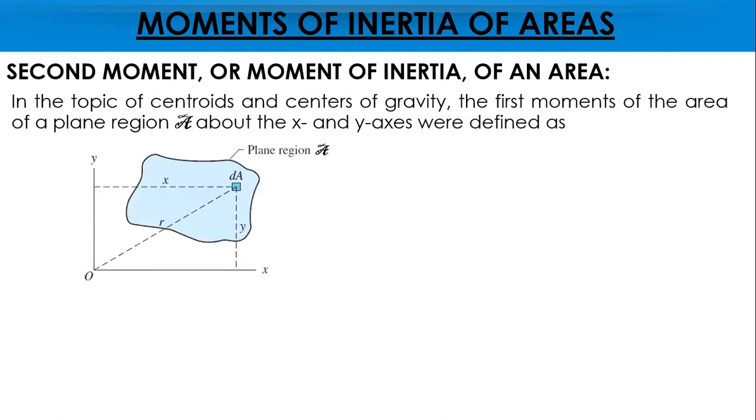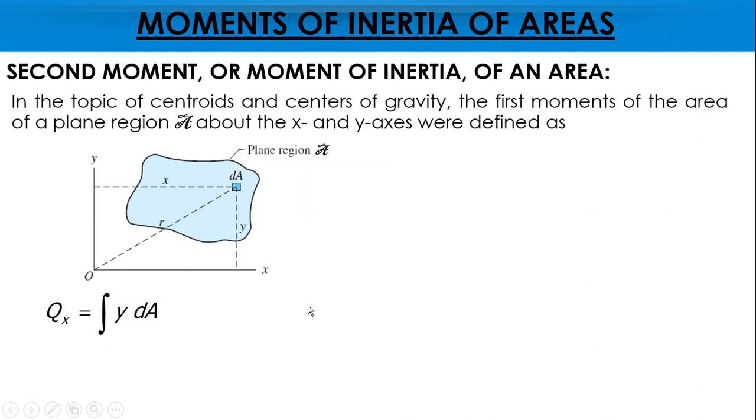In the topic of centroids and centers of gravity, the first moments of the area of a plane region A, such as this one, about the x and y axes were defined as this. First moment of area about the x-axis: integral of y dA.